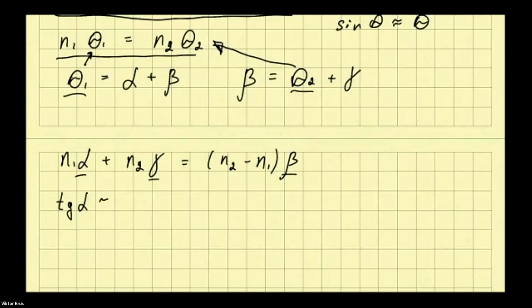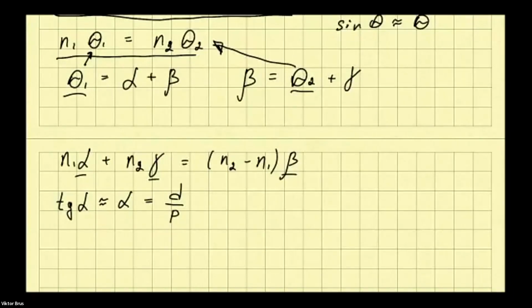So that's why with some level of approximation, we can substitute tangent alpha with just alpha, and that should be equal to d divided by p. So what is d?